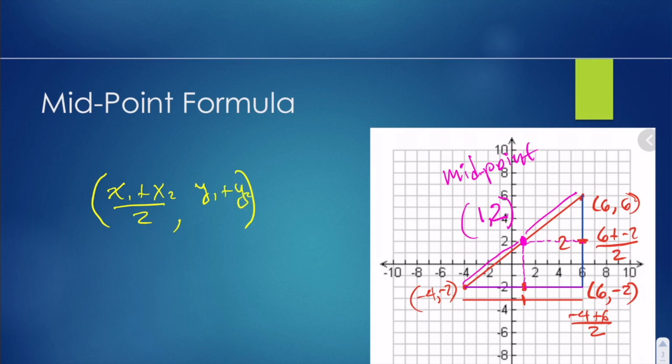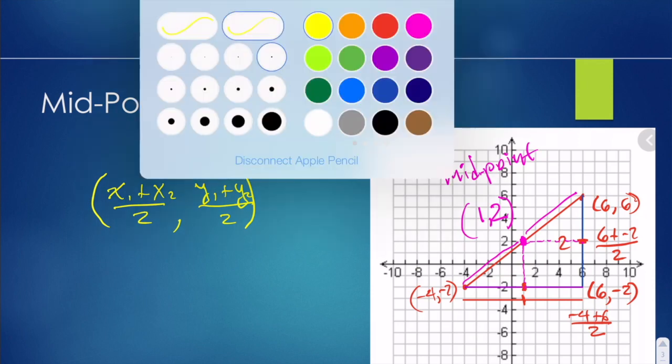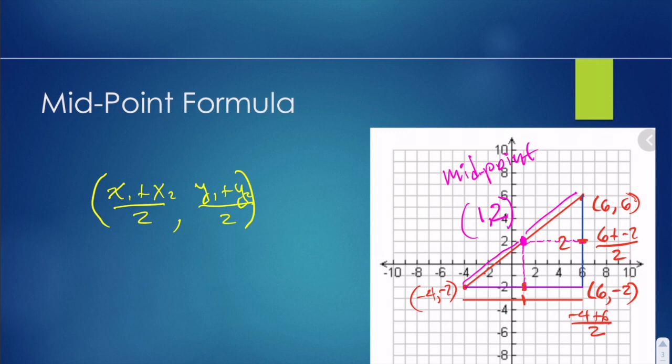So y1 plus y2 and divided that by 2. Now let's see where that happened. So here I'm going to make an arrow and just move it around to show you some things. Okay, so we've got my y coordinates divided by 2, and that's what gave me the 2, and there's the 2 right there. And that was done by looking at y1 plus y2 over 2.